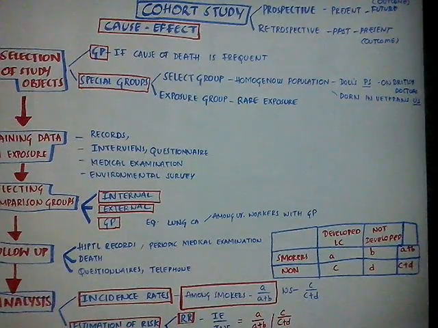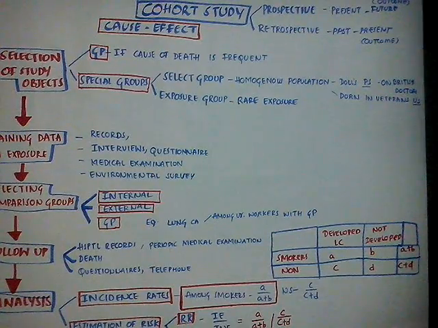Then comes attributable risk. Attributable risk tells how much the disease can be prevented. If there is more risk due to that causative factor for that disease, then the disease can be prevented by reducing the risk factor.